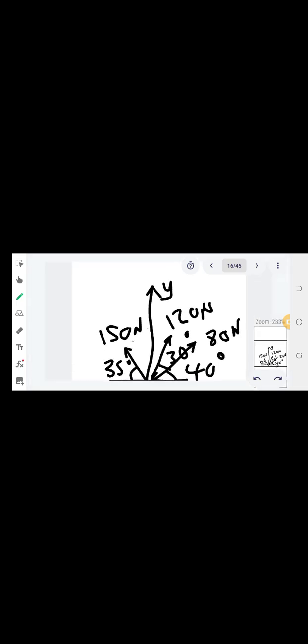And what are we getting? So let us first start by resolving this into the x component. So we say summation of forces in the x. What do we get?